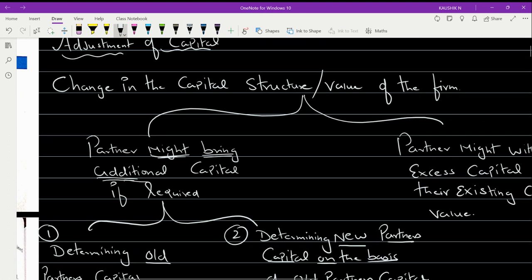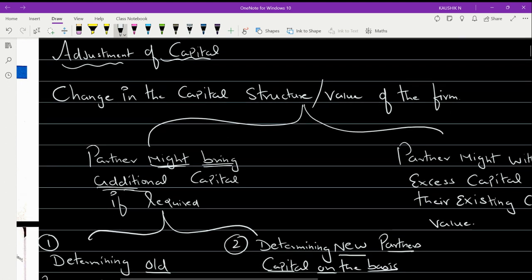We are dealing with the adjustment of capital, that is nothing but changes happening in the existing capital value. It can be of any one among these two types. That means either they have to bring additional capital or they need not bring additional capital.